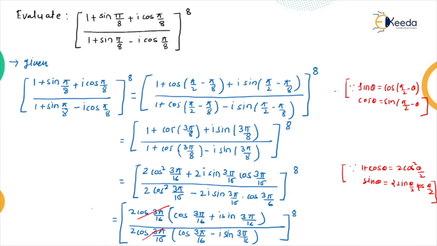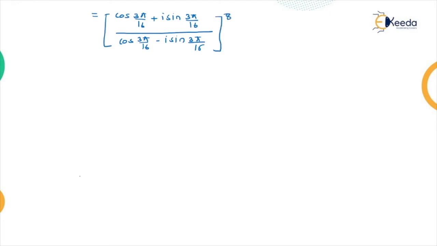The remaining is only cos 3 pi divided by 16 plus i into sine 3 pi divided by 16, total divided by cos 3 pi divided by 16 minus i into sine 3 pi divided by 16, and the total bracket power is 8, guys. This is the remaining term.